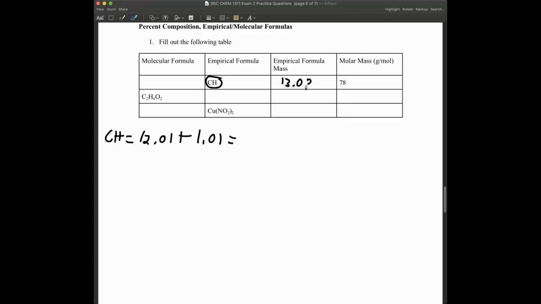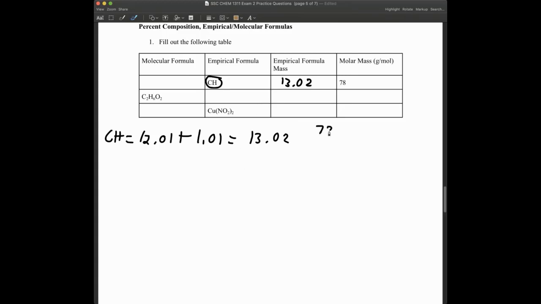13.02. Perfect. Now we're going to have to find the molecular formula. If you remember from the PowerPoint, how do we convert the empirical formula to the molecular formula? What number do we have to multiply by? What is that number or letter called? N, right? So how do we find the N in this case? Yeah, 78 divided by 13.02. That's perfect.